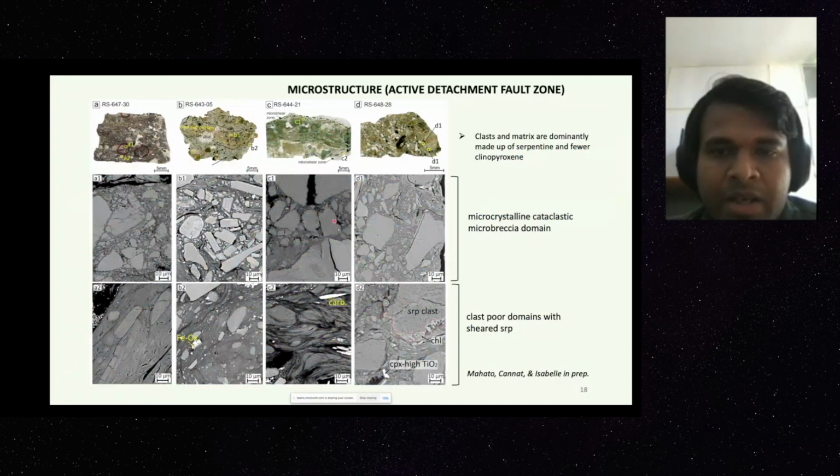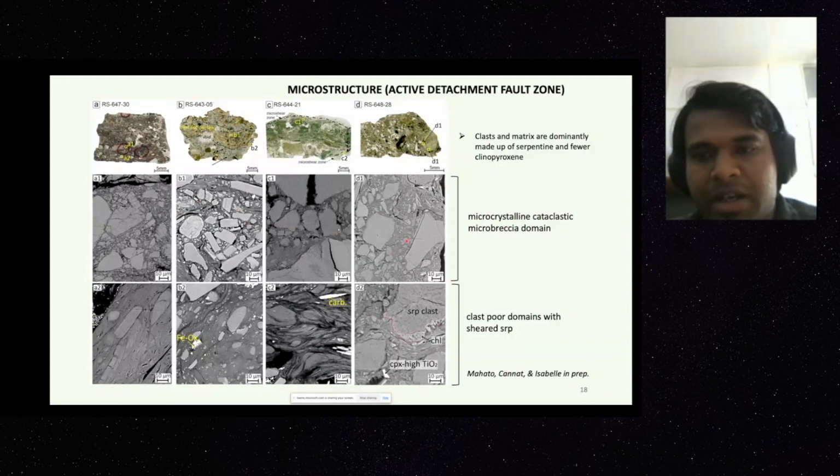Okay, and in this slide, you see a collection of microphotographs from the samples in the top row. And these BSE images have similar scale. The second row shows that every sample contains microcrystalline cataclastic micro-breccia domains, in which the clast sizes are very much comparable.